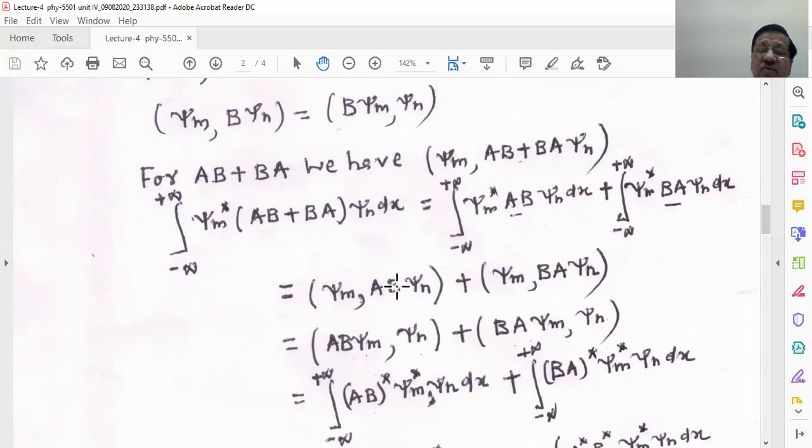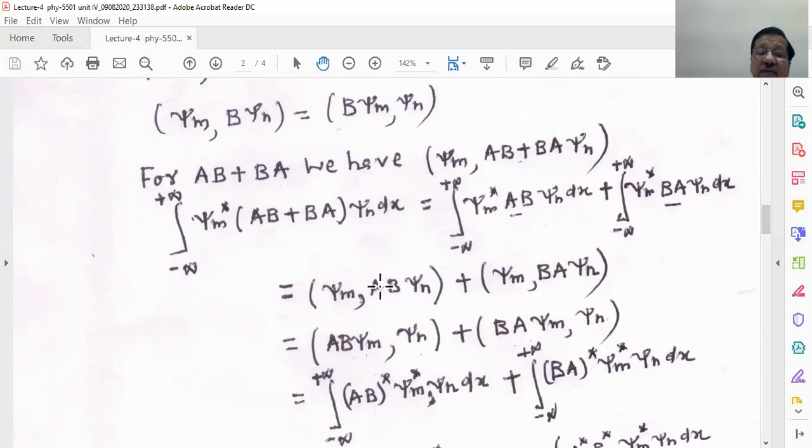But anyway, please consider that operator A is Hermitian, operator B is also Hermitian, then the operation AB is also a Hermitian operator, and the operator BA is also a Hermitian operator.